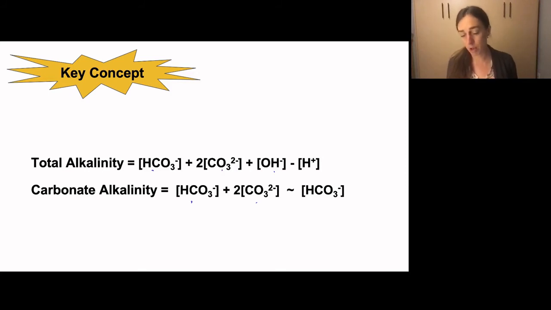However, when we're working in most natural waters, our dominant species is bicarbonate. So frequently we just calculate our carbonate alkalinity as the concentration of bicarbonate in our solution. So you might see total alkalinity, you might see carbonate alkalinity. There's a bit of a difference in that when we're thinking about carbonate alkalinity, we're only thinking about our DIC species.